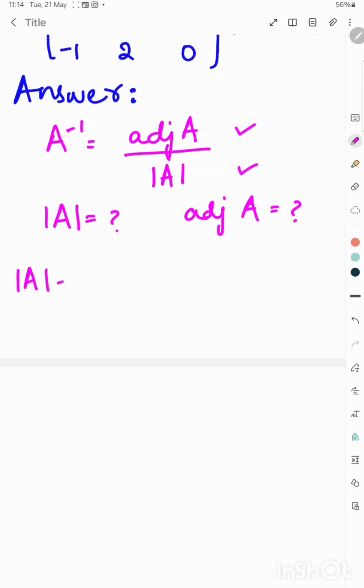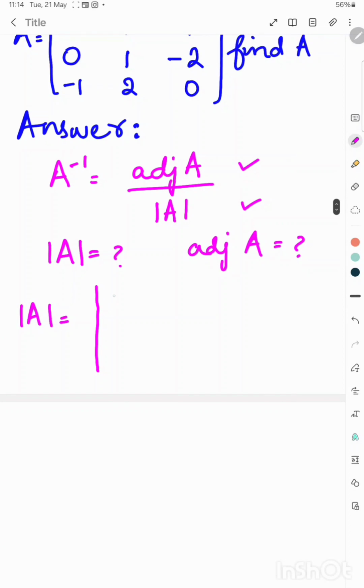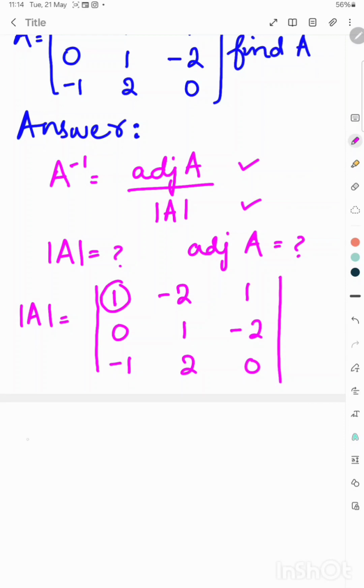So how will we find the determinant of A? You have to write the given matrix here, that is 1 minus 2 1, 0 1 minus 2, minus 1 2 0. Now to find the determinant, I will take the first element and write that element here.